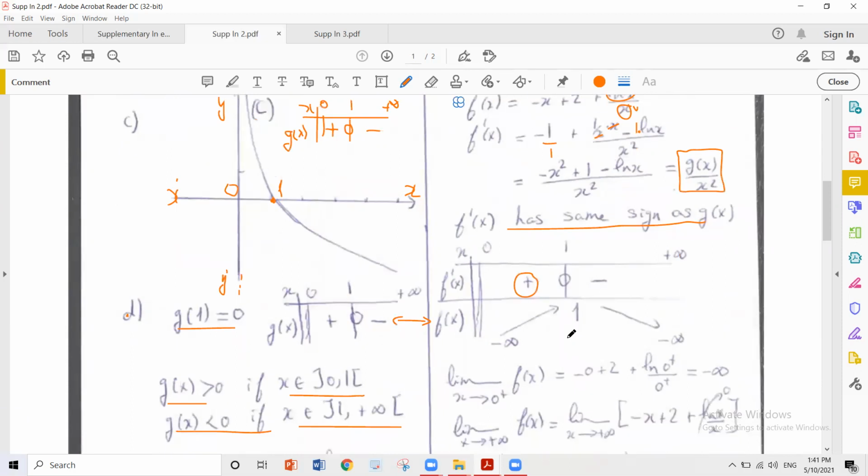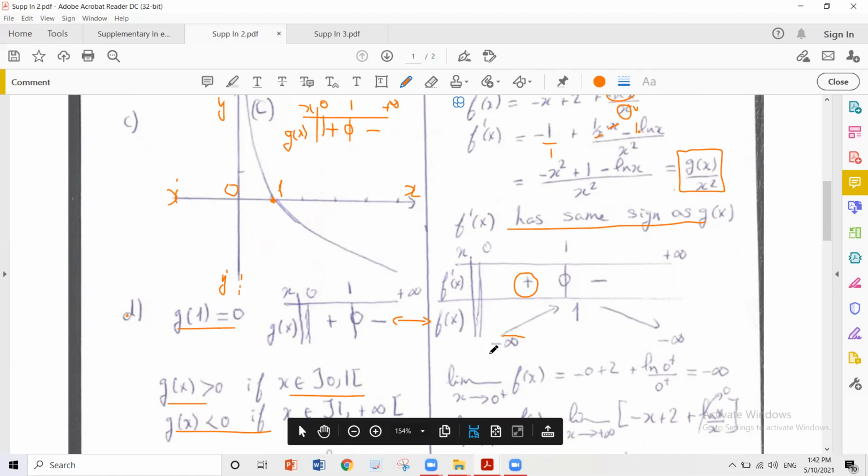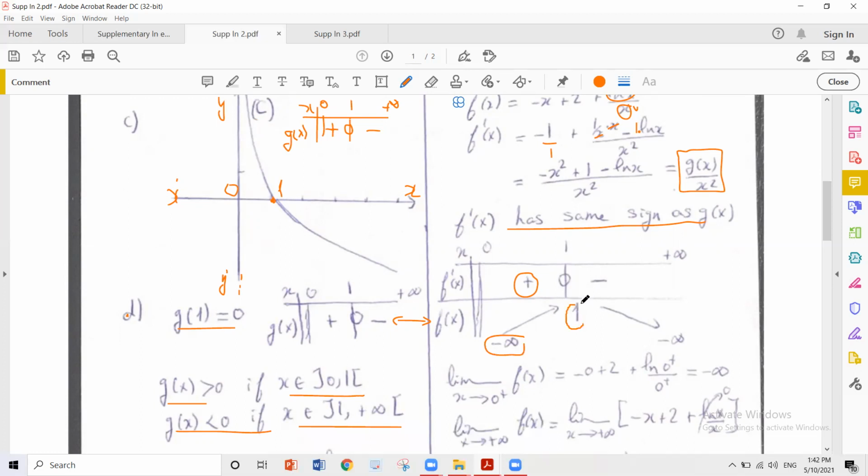Now, the limit at 0. The limit at 0 plus of f(x) equals minus 0 plus 2 plus ln 0 plus over 0 plus. Ln 0 plus is negative infinity, so it equals minus infinity. The f of 1 equals 1, calculated before.